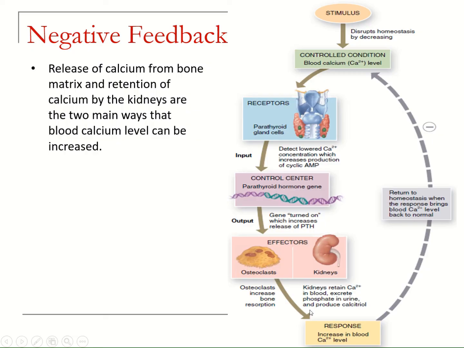So in response, there will be an increase in blood calcium level and return to homeostasis when the response brings blood calcium level back to normal. So this is negative feedback that is needed to control the levels of calcium.